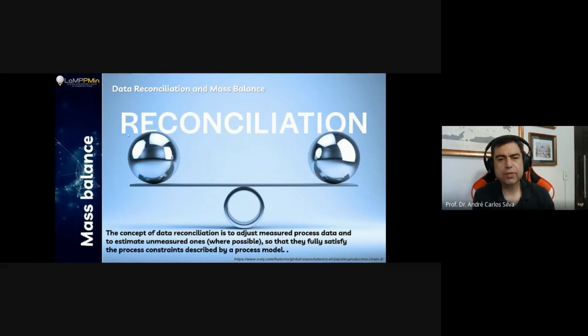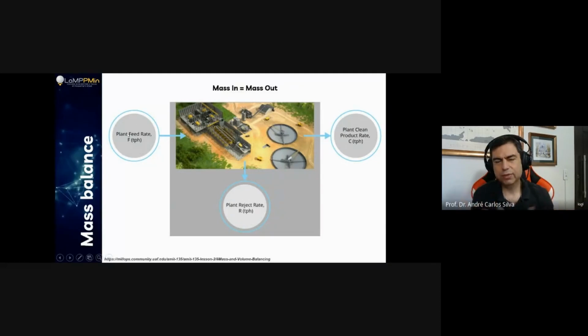And this could sound easy to do, but definitely that's not the case, okay? Because if we take a look at the mineral processing plant, of course, mass goes in and mass goes out, okay? So if we think just about this, it would be a very, very simple equation, okay? Because we have the pulp feed rate, and normally we're talking about tons per hour, but it could be tons per day, month, or even year.